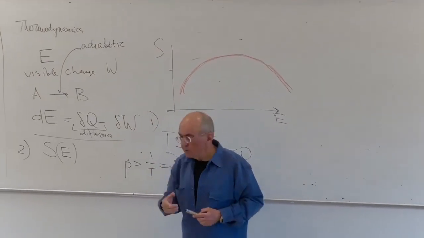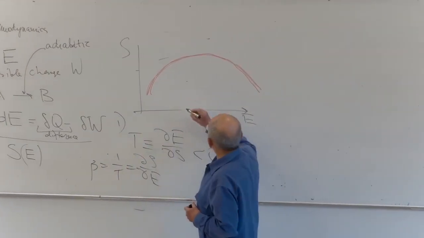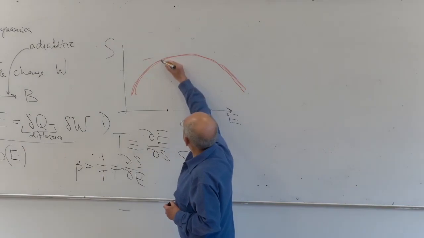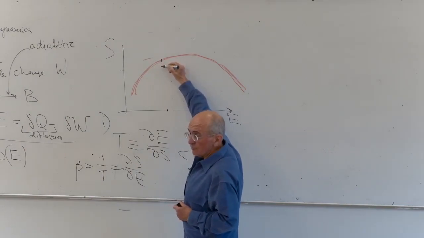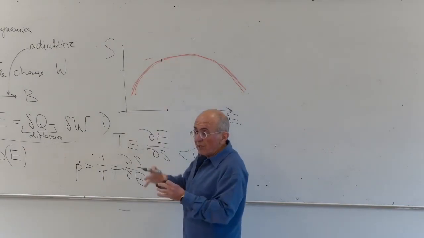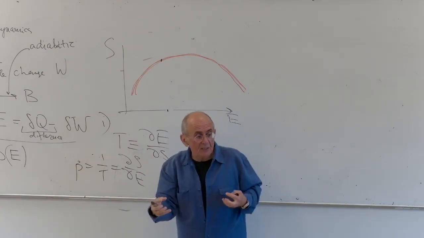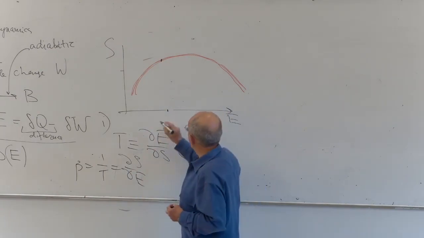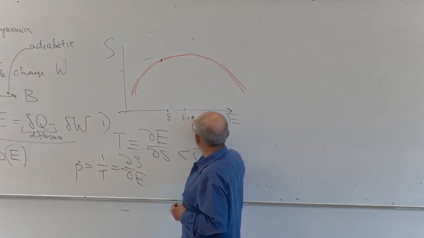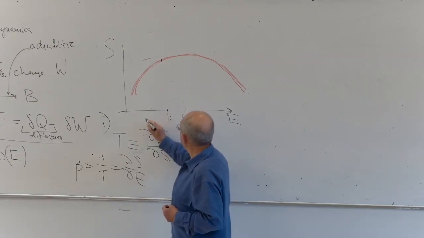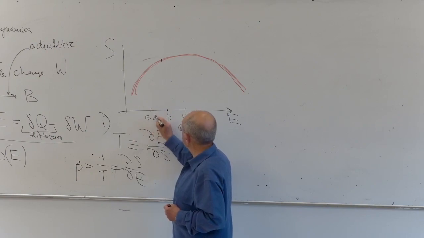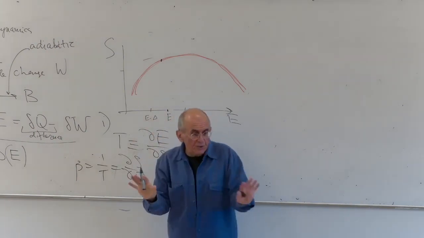Not visible. Let me show it to you. So you have a system at a given energy, and it's in equilibrium having this entropy. Imagine that the system is spontaneously broken into two parts. One has E plus delta, and another has E minus delta. Energy is conserved.